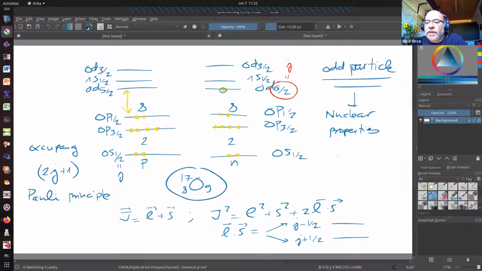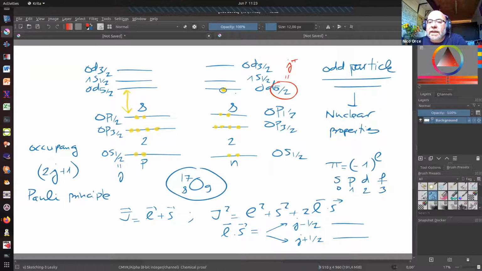But as you know, the parity is (-1) to the L. And we have S, P, D, F, so S is 0, P is 1, and this is 2 for D. So obviously we have a positive parity. So this is our J pi, where pi in this case is positive, right?